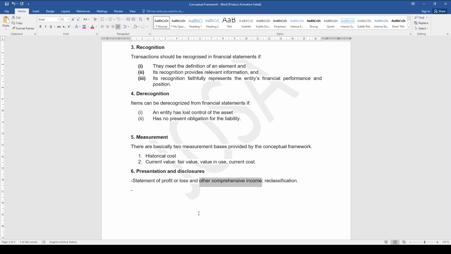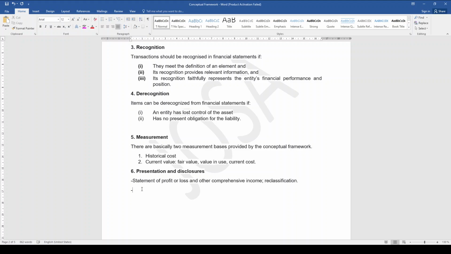The more you interact with other standards, IAS 16, you look at IFRS 9, we have some items that can be reclassified. You realize that you'll be able to identify which items that go under other comprehensive income and should be reclassified and those that should not be reclassified.